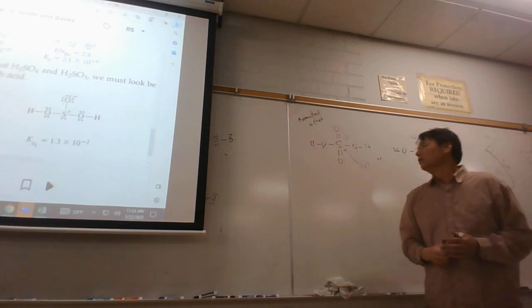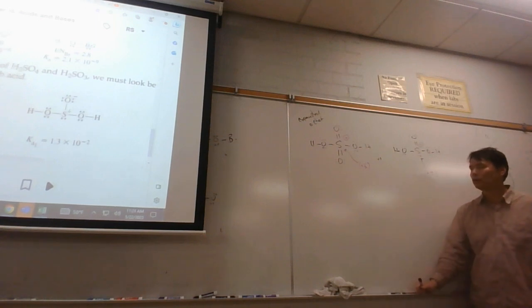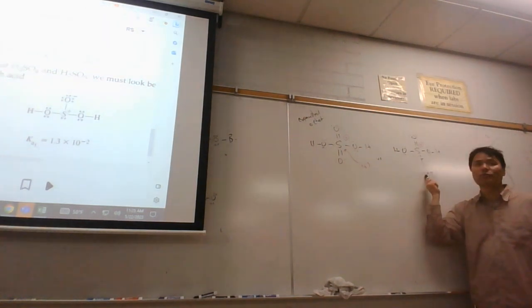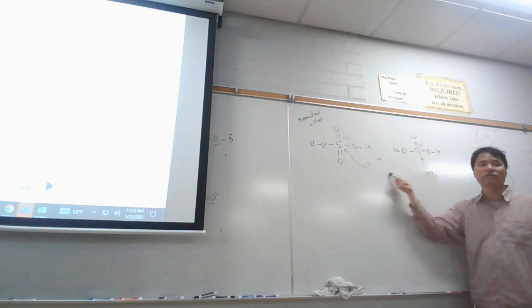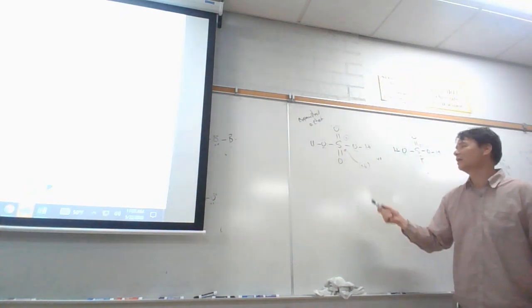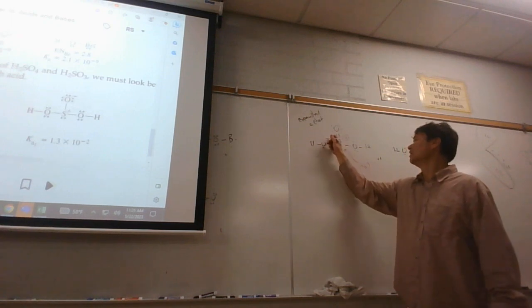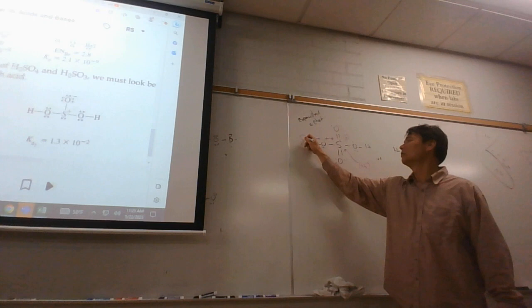And so which one's going to be withdrawing more electron density? A sulfur in the +6 or a sulfur in the +4? Sulfur in the +6. So once again, we're going to have greater inductive effect, resulting in larger polarity.